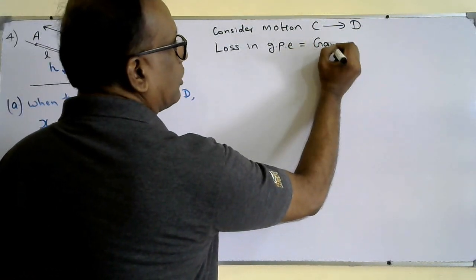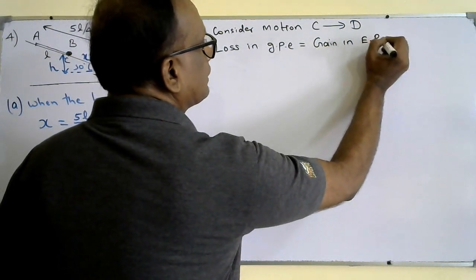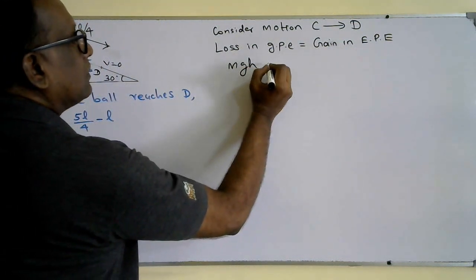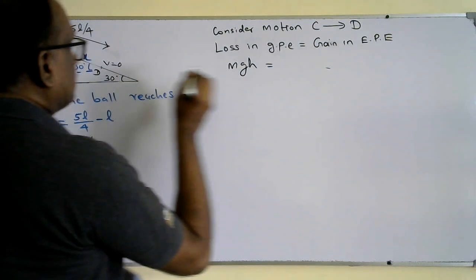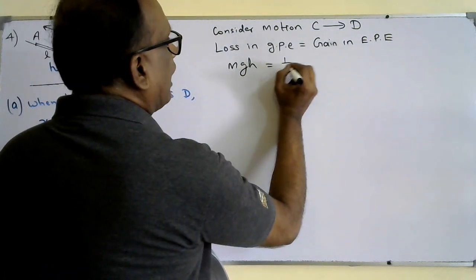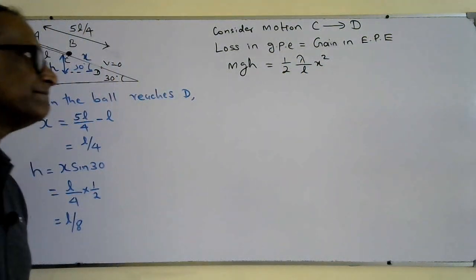There is no kinetic energy gain because it gained and lost. Loss in GP is MGH, and the gain in elastic potential energy, now that the extension is there, is half lambda over L x squared.